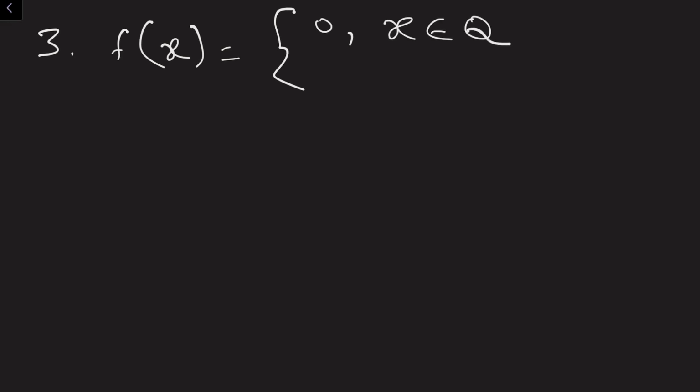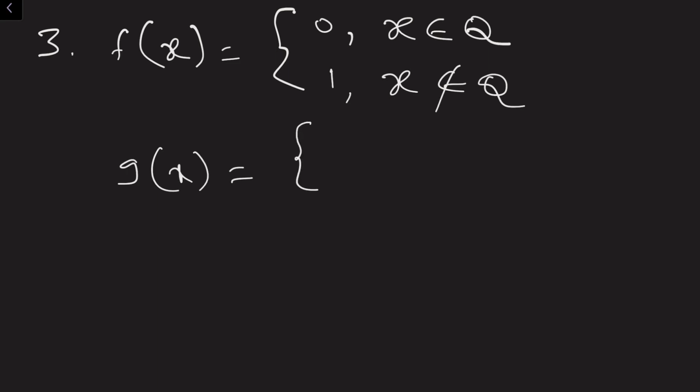f of x is equal to 0 if x belongs to capital Q, that is rational numbers, and 1 if x does not belong to the rational numbers. And g of x is equal to minus 1 if x belongs to rational numbers, 0 if x does not belong to rational numbers.